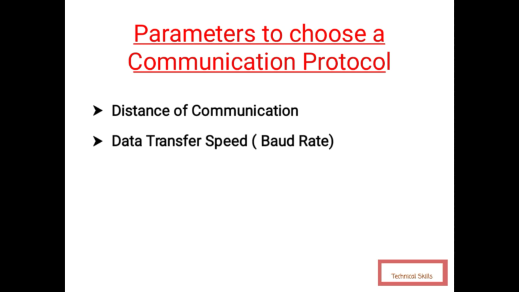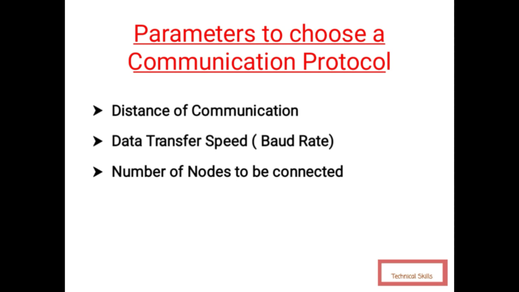Next point is number of nodes to be connected. Number of nodes to be connected also depends upon type of protocol used. For example, SCADA is connected to number of PLCs or controllers. So the communication protocol should be strong, and should have capacity to transmit and receive data from various PLCs to SCADA and vice versa.